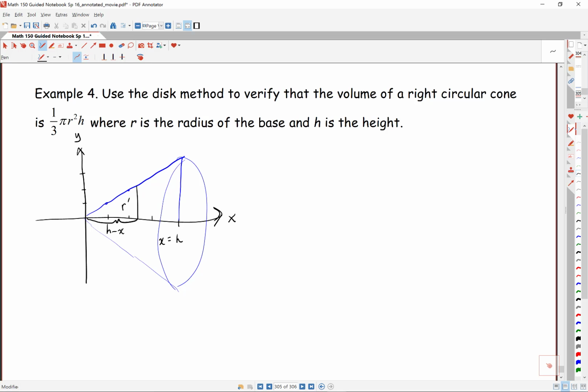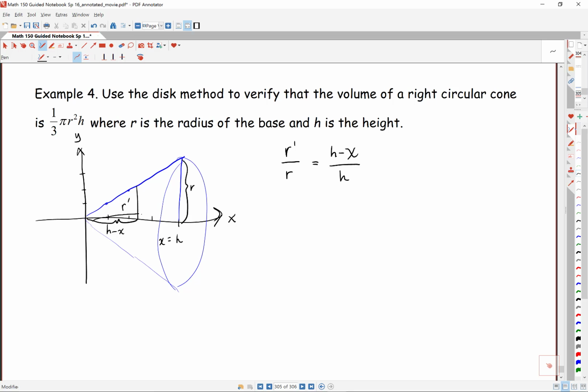Okay, so now if you made this proportion, we would get r prime is to r as h minus x is to h.